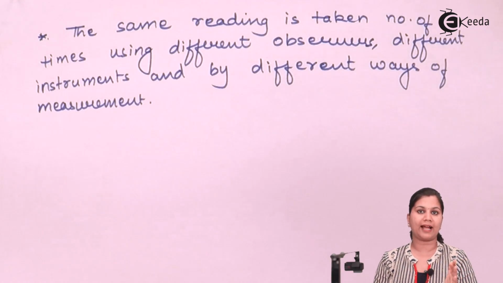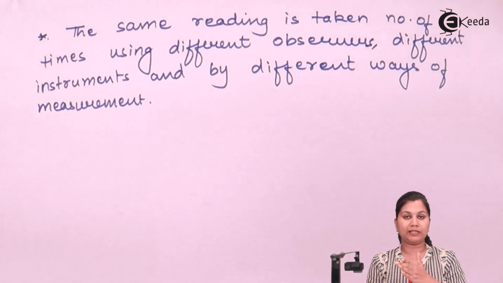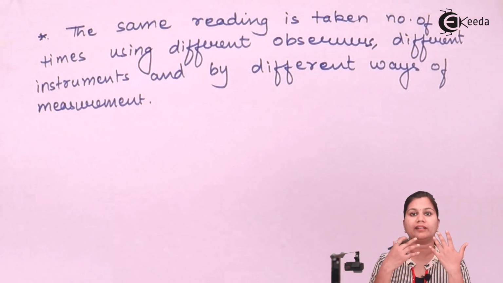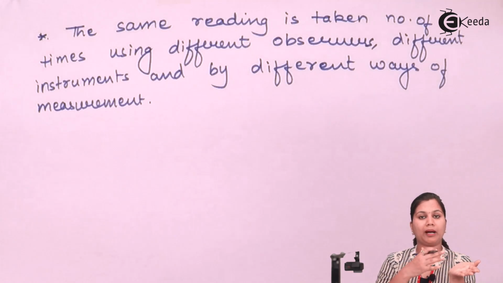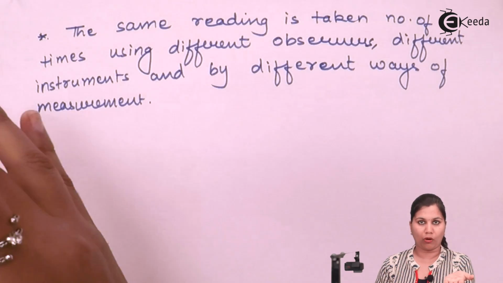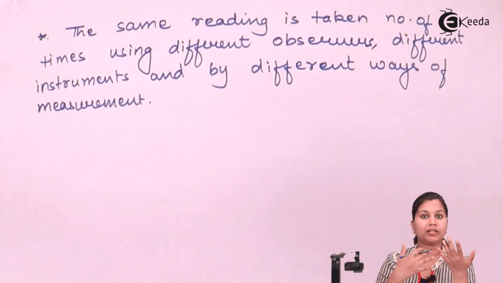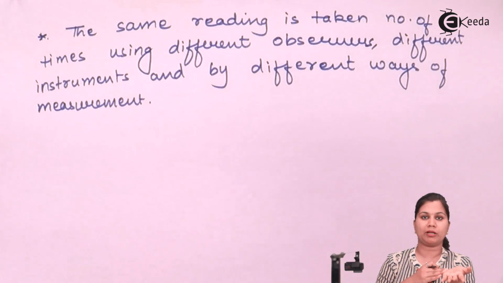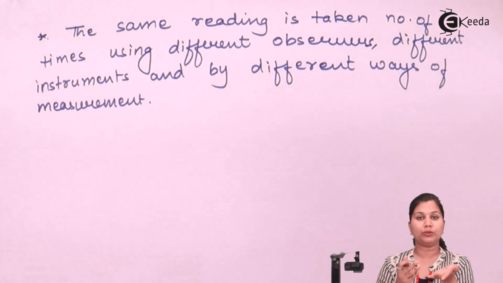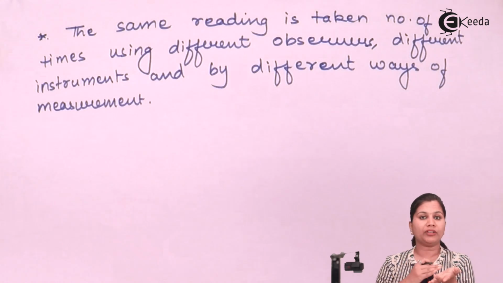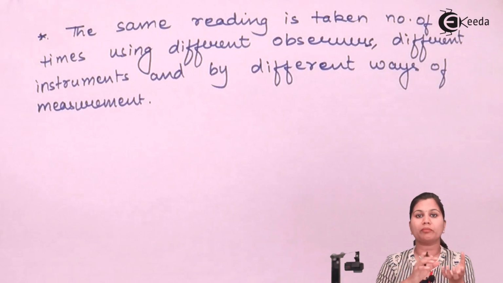We will analyze what reading we get when the observer is changed. The same reading is taken, but we have used different instruments, like temperature can be measured using the thermometer, using RTD, and using thermistor.